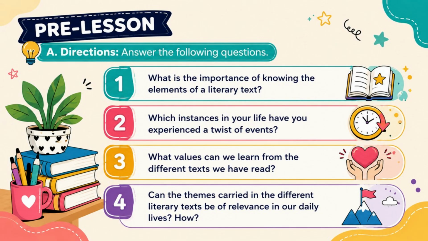Let us have a review. Directions. Answer the following questions. What is the importance of knowing the elements of a literary text? Which instances in your life have you experienced the twist of events?